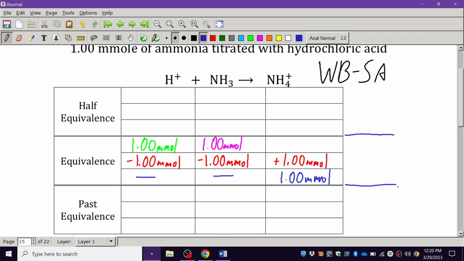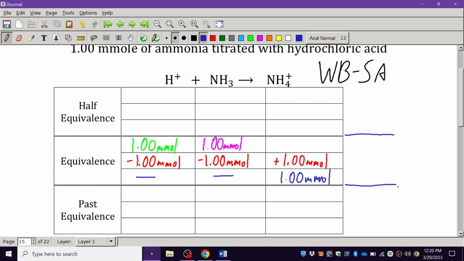I have a solution of ammonium cation. Ammonium cation is the conjugate acid of a weak base. What does that tell me about the solution of ammonium cation? Is it a strong acid? Is it a weak acid? Is it a buffer? What is it?